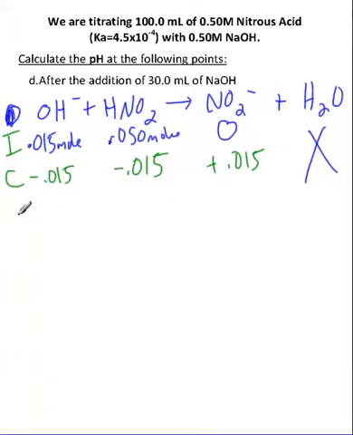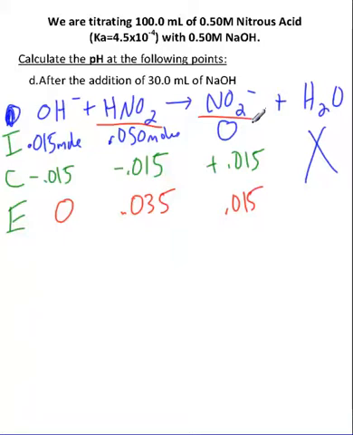So I'm going to end up, at equilibrium, with 0 OH, 0.035 moles of the acid and 0.015 moles of the conjugate base.